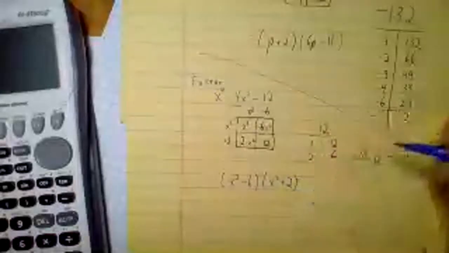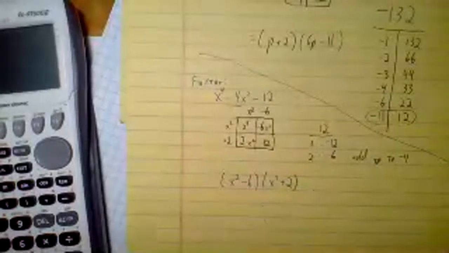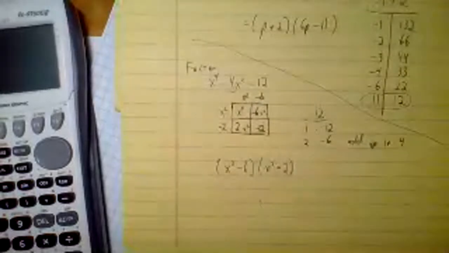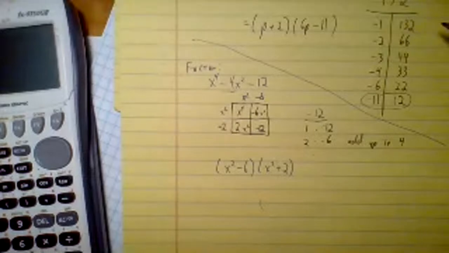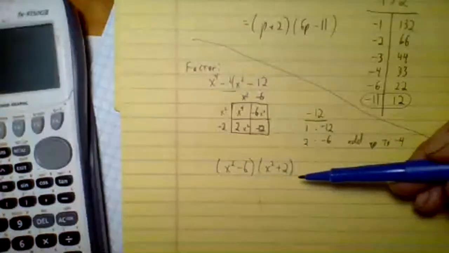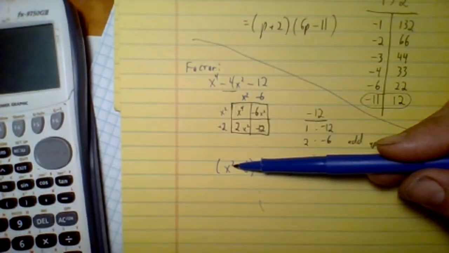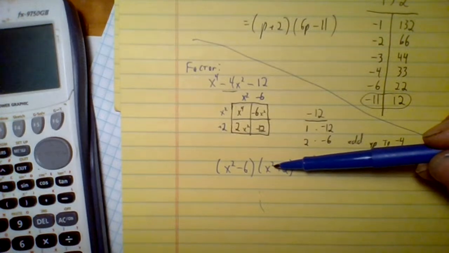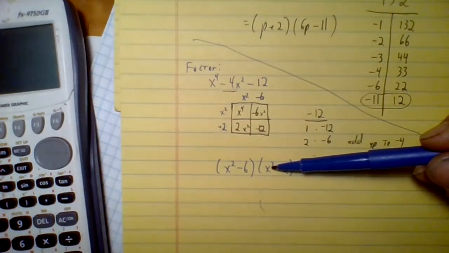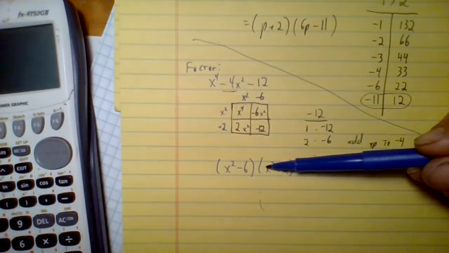Now, one more thing to think about with an example like this. The exponent situation didn't really change any of that process, but I have to think a little more about it here. I have exponents left. As long as there are exponents left in these factors, I might be able to factor further.